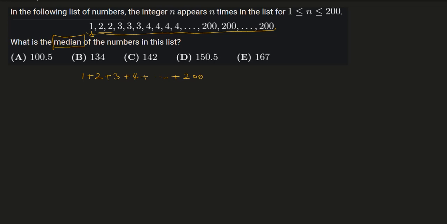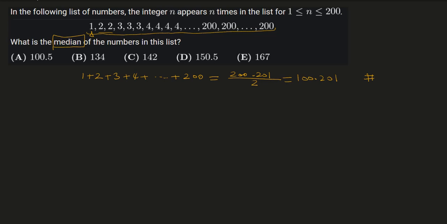This is an arithmetic sequence, so the sum is very simple. It's 200 times 201 divided by 2, which is 100 times 201. That's the total number of values in this list.